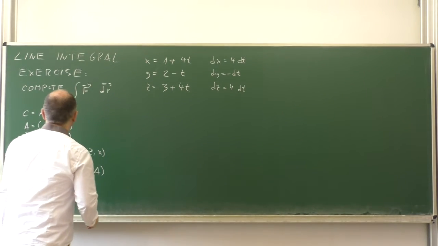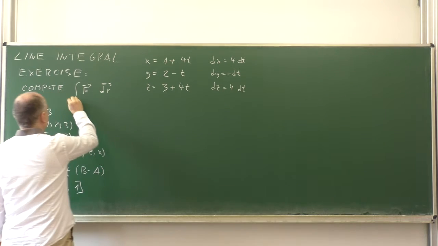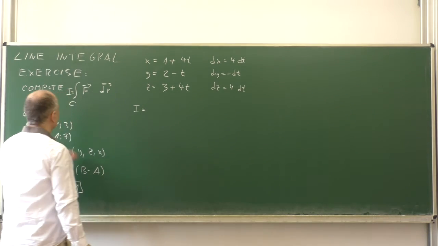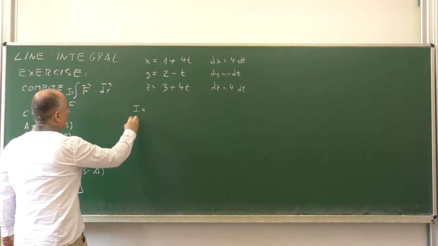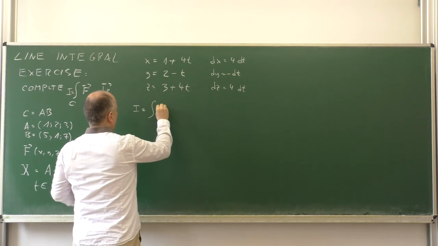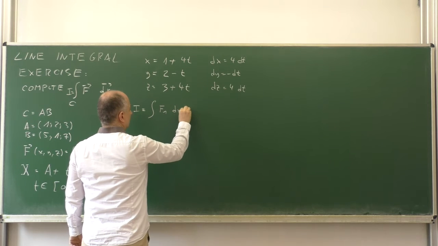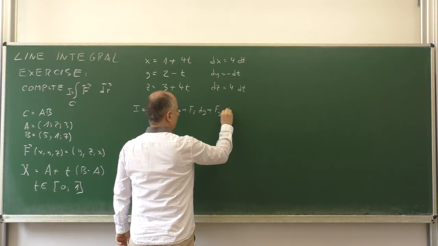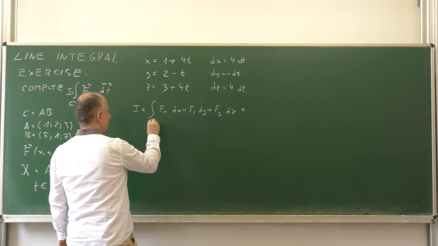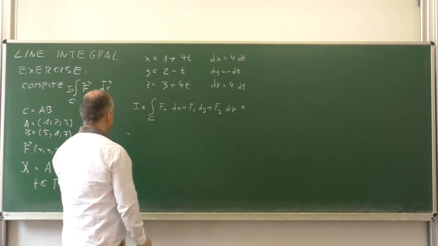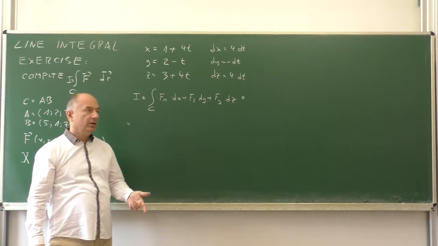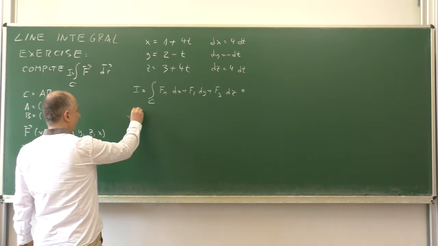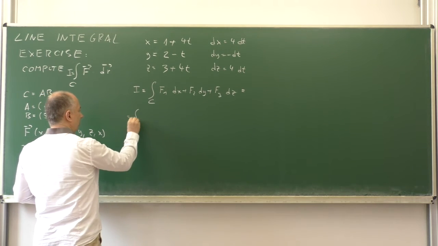Well, and then we can write the integral if we denote it capital I. So if we rewrite f · dr as f1 dx plus f2 dy plus f3 dz over the curve C, then we can rewrite this as the definite integral with the integration variable t. So t goes from 0 to 1.